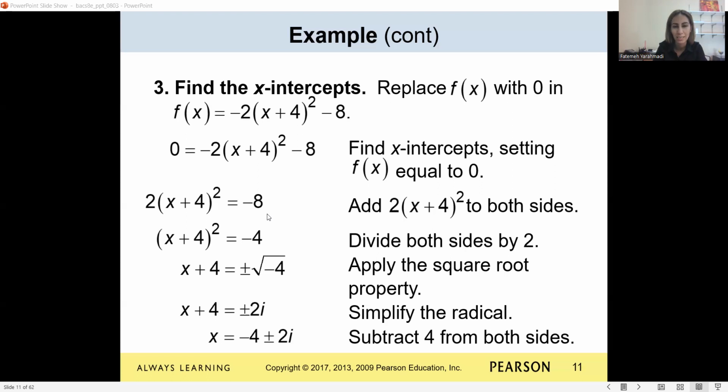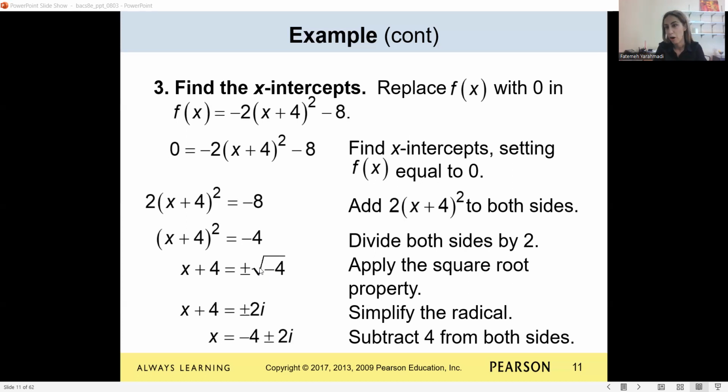What are you going to do next? You're going to get rid of this coefficient here, so divide both sides by 2. (x + 4)^2 is equal to -4. So what's the meaning of that? x + 4 becomes plus or minus the square root of -4.